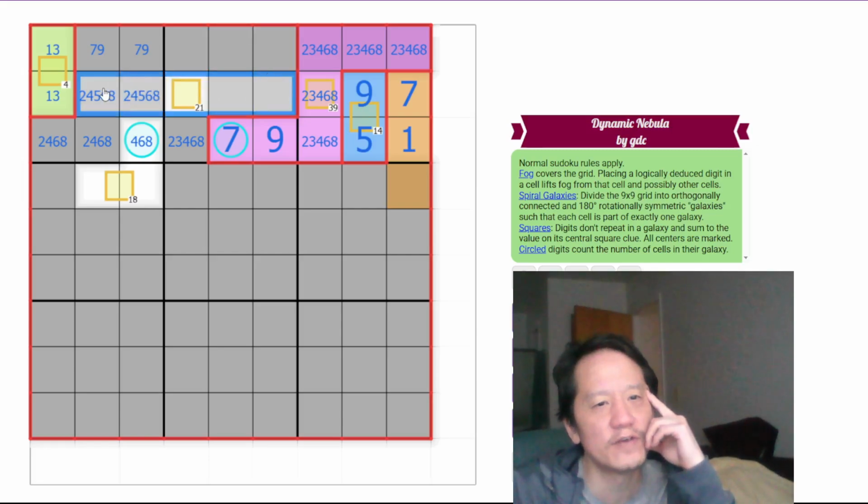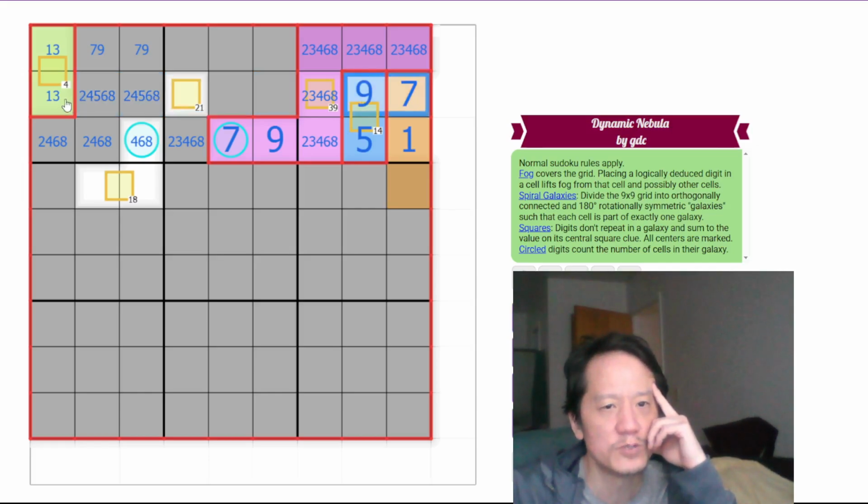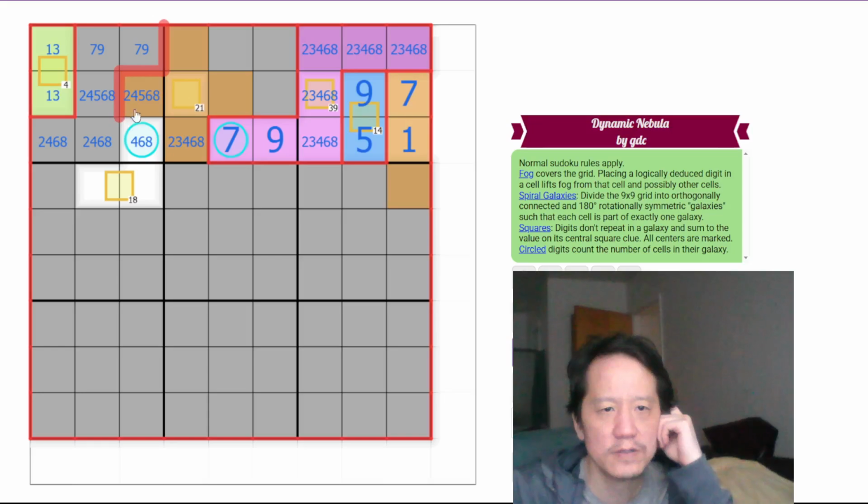It cannot be 5 here again, because if this is 5, that means 21 plus 16, which means these two would have to add up to 8, but this cannot be 1, 7, it cannot be 3, 5 because of the 1, 5 here. Therefore, this must be a galaxy here.